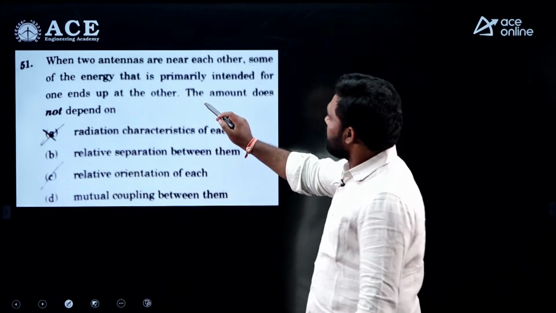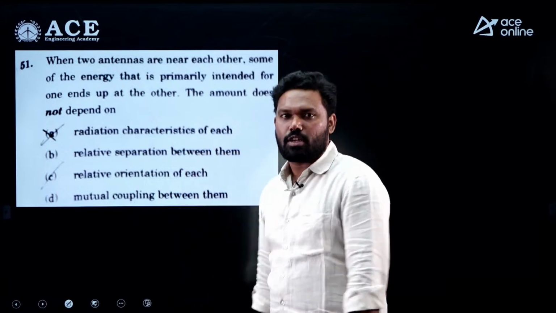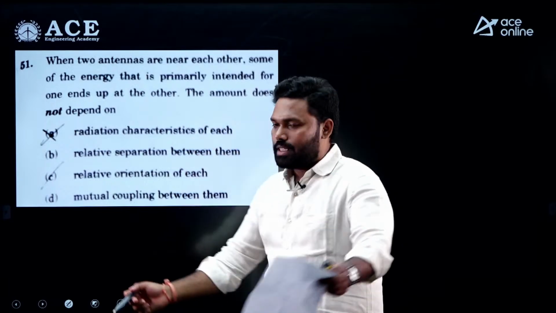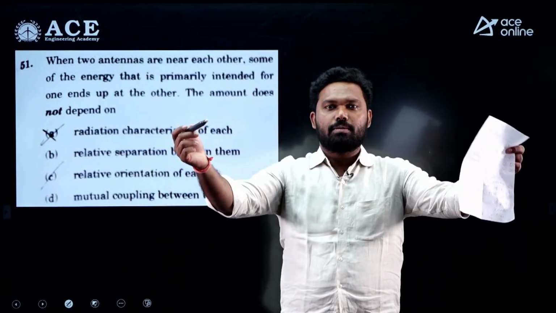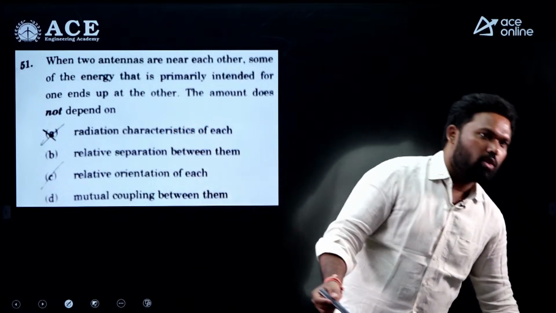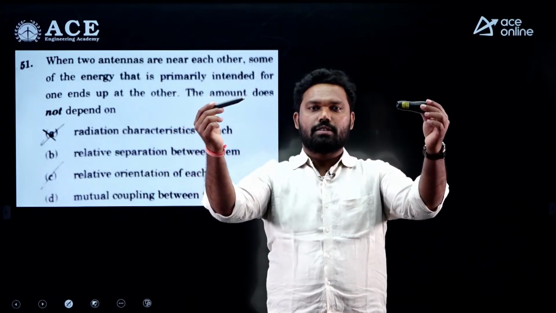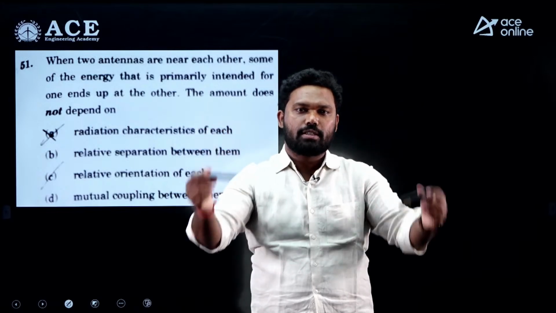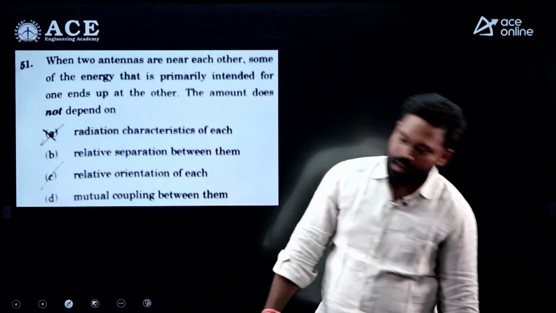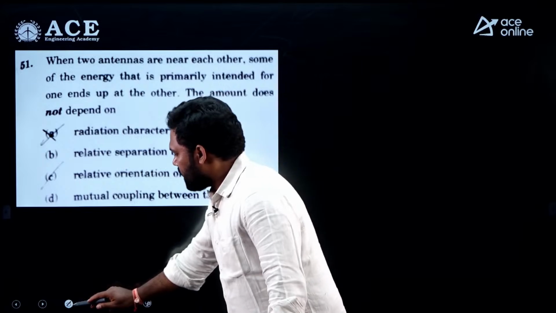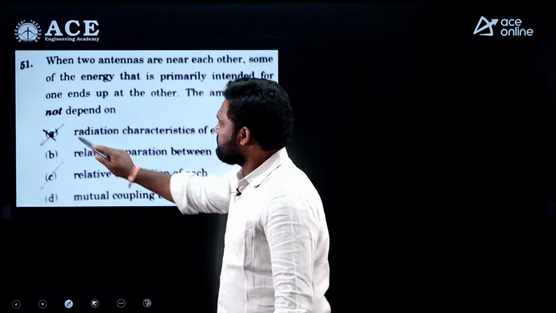Fine. So the amount does not depend on what? See, if the communication is happening between the two antennas, it refers to how these two antennas are oriented to each other. They must orient in the maximum possible direction. Fine. So what I will say, the best possible answer is option A.